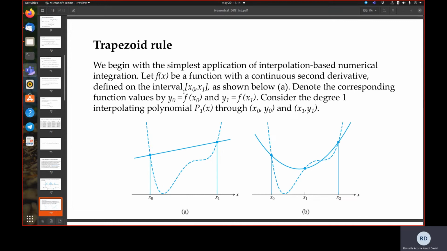The easiest one in general is the trapezoid rule. So we begin with this application based on an interpolation of a trapezoid. If you think about it in figure A, we have the shape of a certain curve, and then we approximate the area below the curve by a trapezoidal shape.